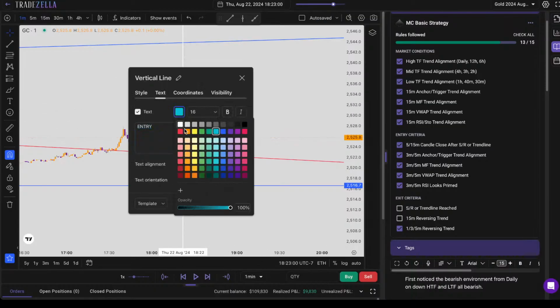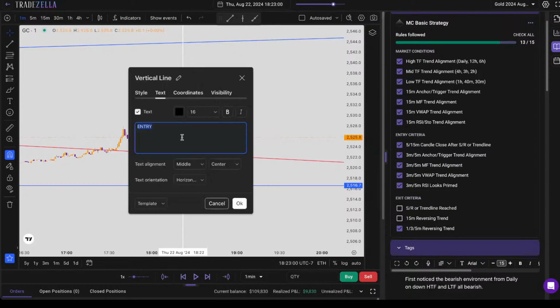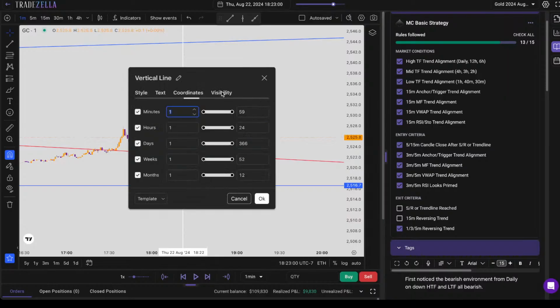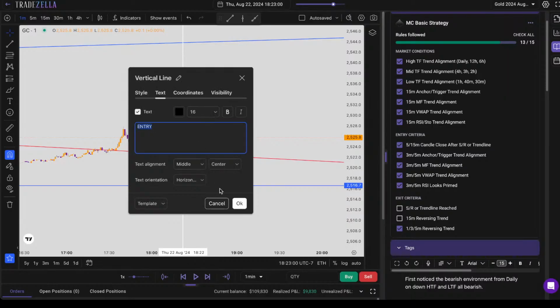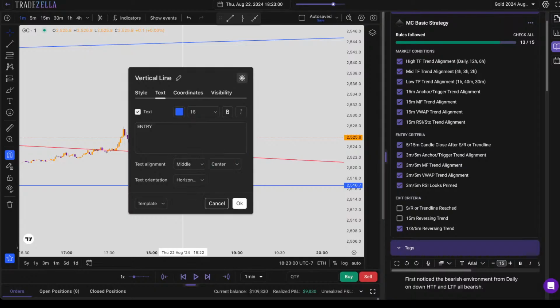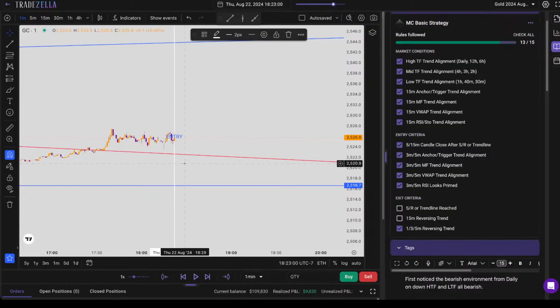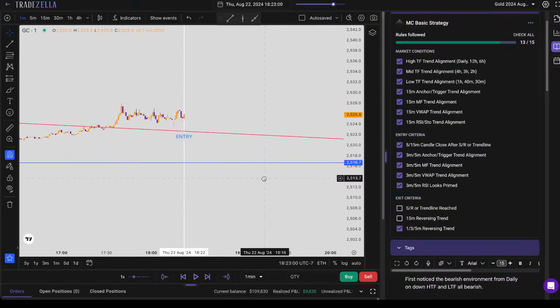What color should this be? Let's do a blue. That's fine. All right. What are we doing? We're doing a long.